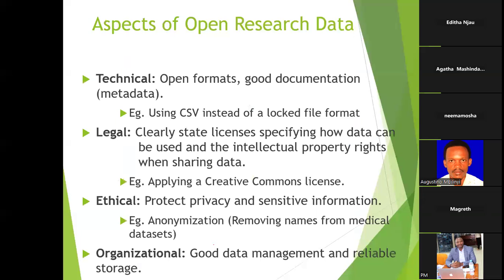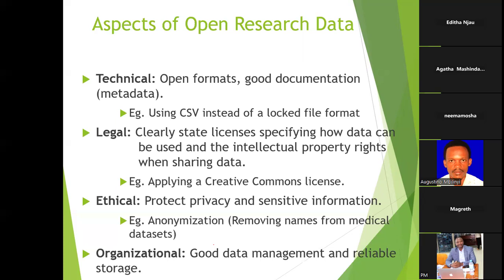Aspects of open research data. When we talk about aspects, it means features or considerations that come into play when making research data open, accessible, and useful. Those aspects help to guide how data should be collected, managed, shared, and reused. Starting with technical: this aspect covers open formats and good documentation.